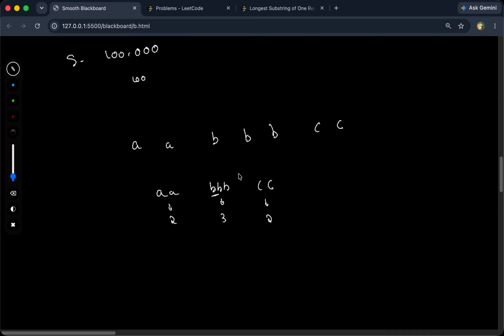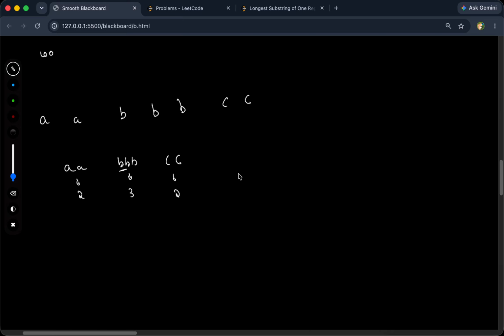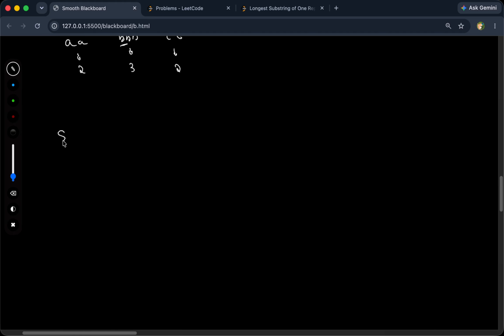So before writing any code, let's understand what a segment tree actually stores. S is equal to A B B, so our indices are 0 1 2. Now we divide the string into two parts.